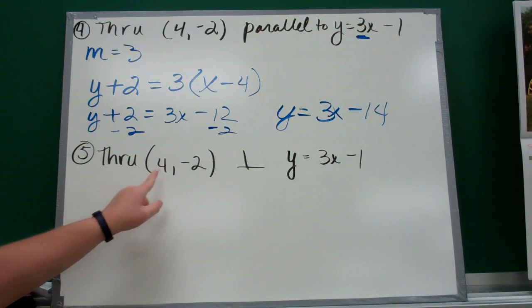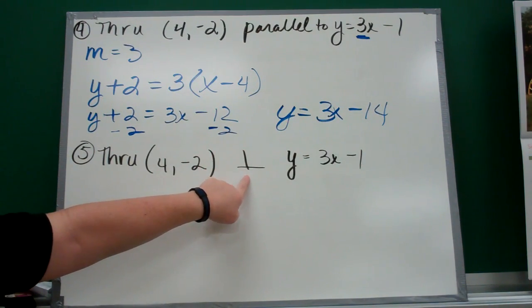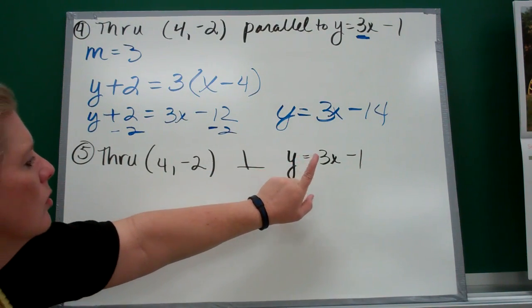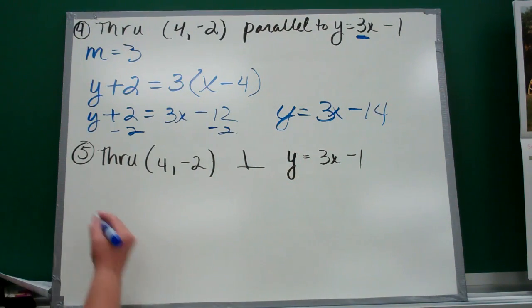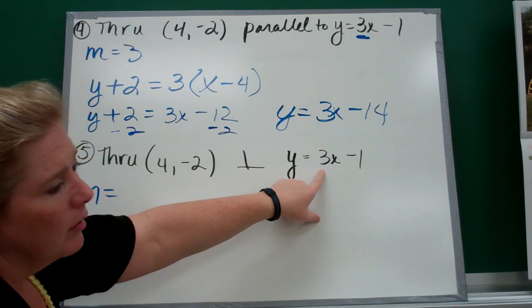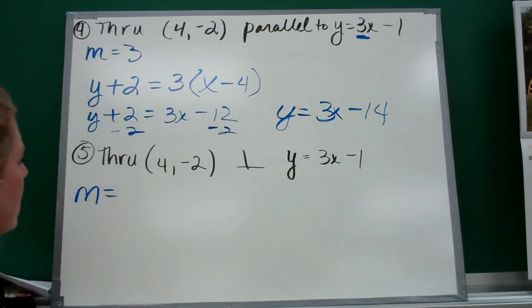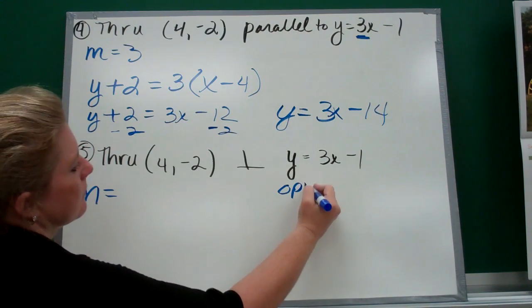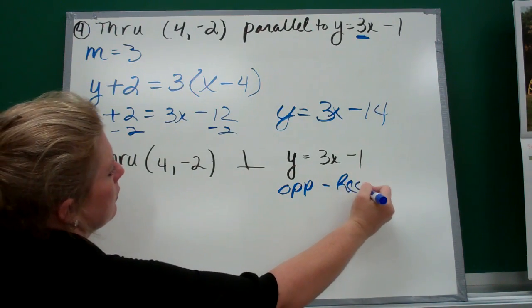Next one, through this point, and this time we're going to be perpendicular to y equals 3x. Okay, so m is 3. If it's perpendicular, we need the opposite reciprocal.